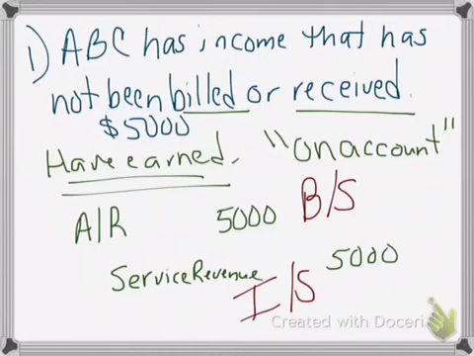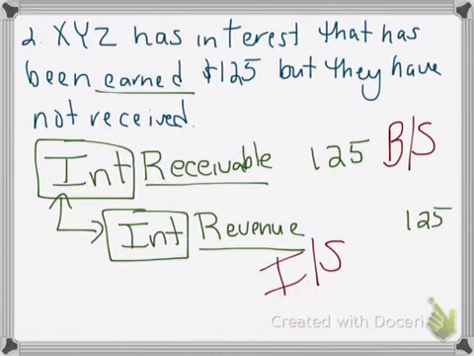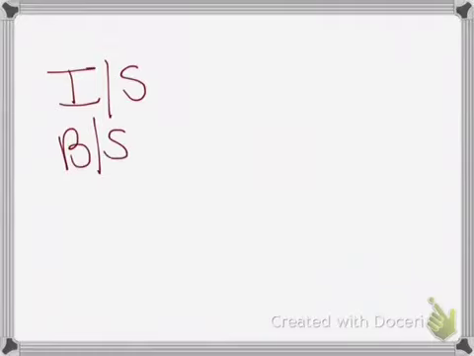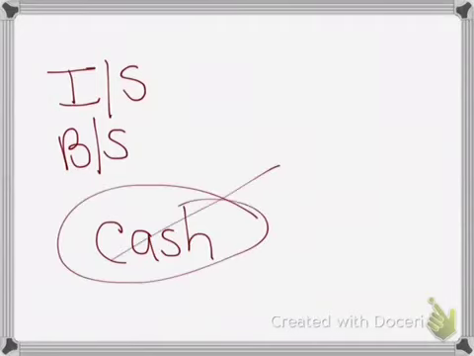So every journal entry that you see, just to kind of recap, is going to have one from the income statement, and it will have one from the balance sheet. And just as a reminder, for adjusting journal entries, we never, ever are going to use cash.